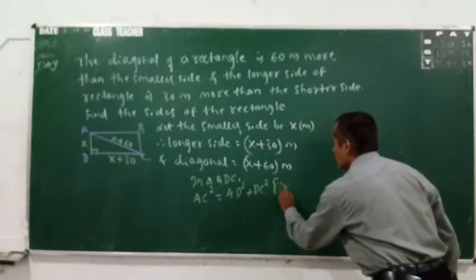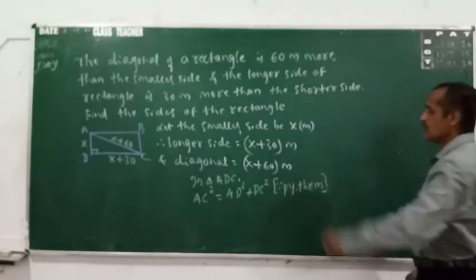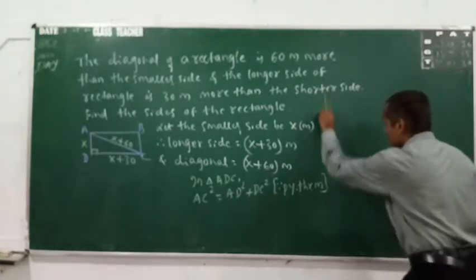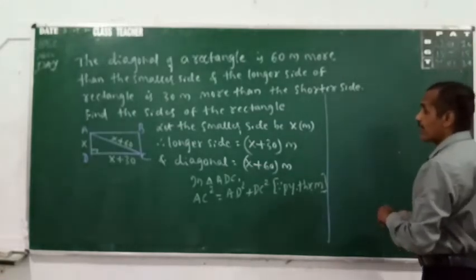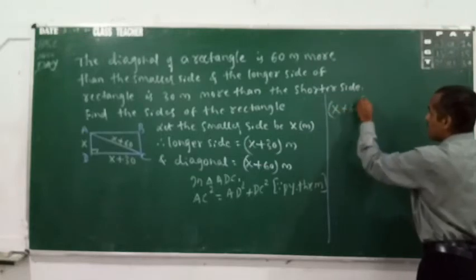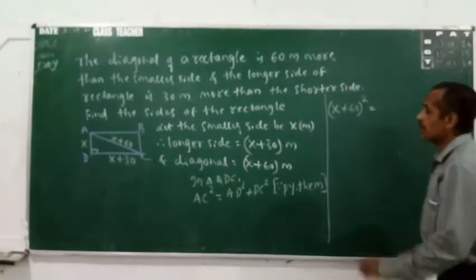This is because of Pythagoras theorem. It is X plus 60 the whole square is equal to X square plus X plus 30 the whole square.